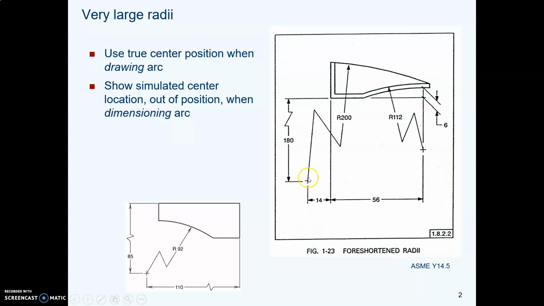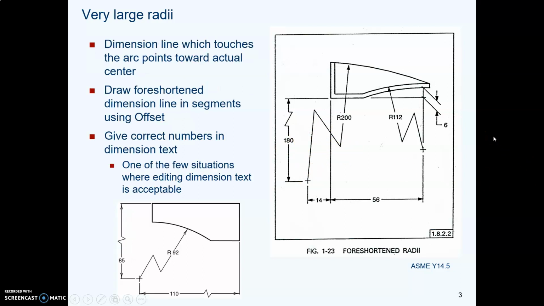So you show the center point of the arc as if it's squished up, as if somebody put a hand on the top and bottom of your drawing and squeezed it down. And you represent the fact that that is not the true location by putting these zigzags in here.